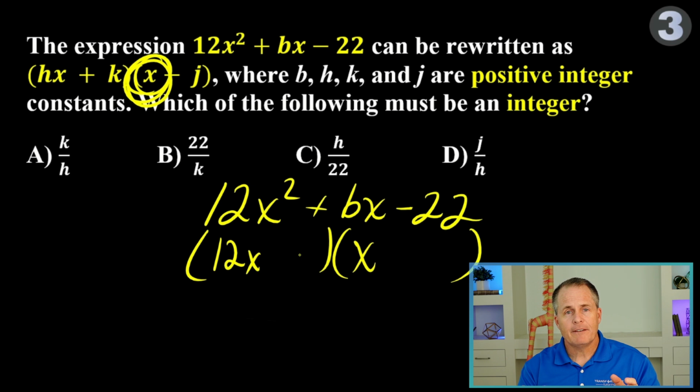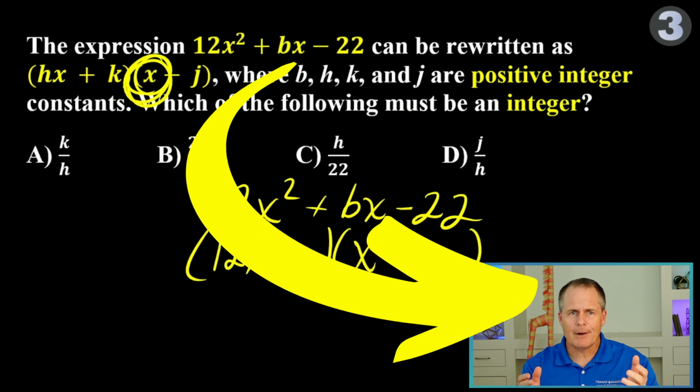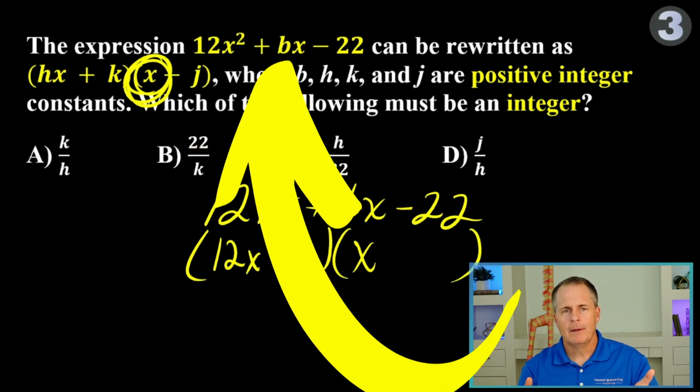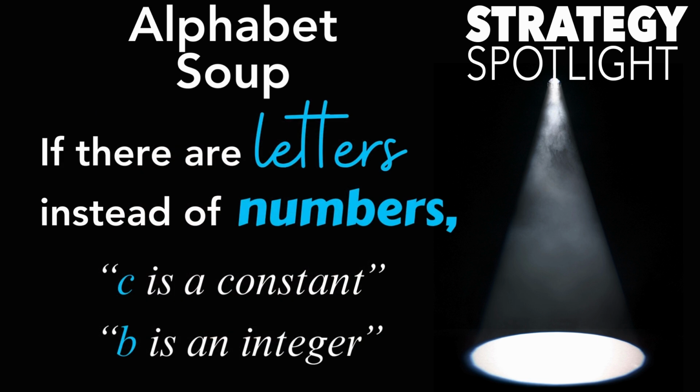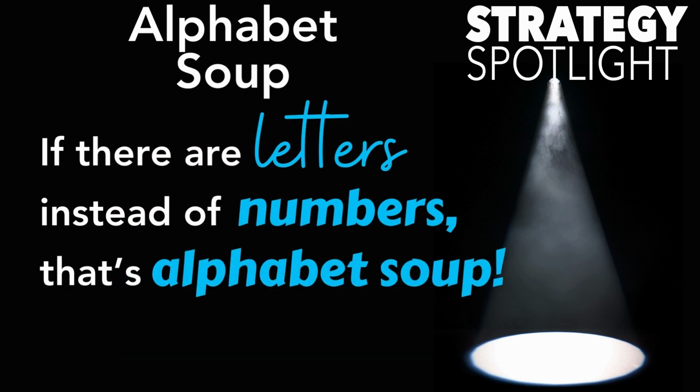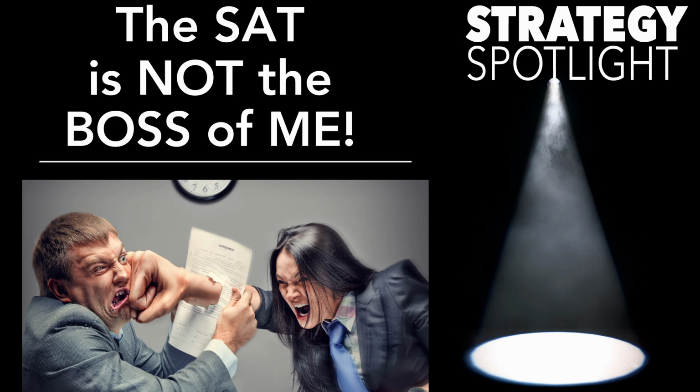Now, we need to factor negative 22 and make sure that the two factors add up to B. Well, because some idiot put a letter in the middle of our problem, this is an alphabet soup problem. They're trying to make your life difficult, but noticing that this alphabet soup problem should give you the courage to say, the SAT is not the boss of me.